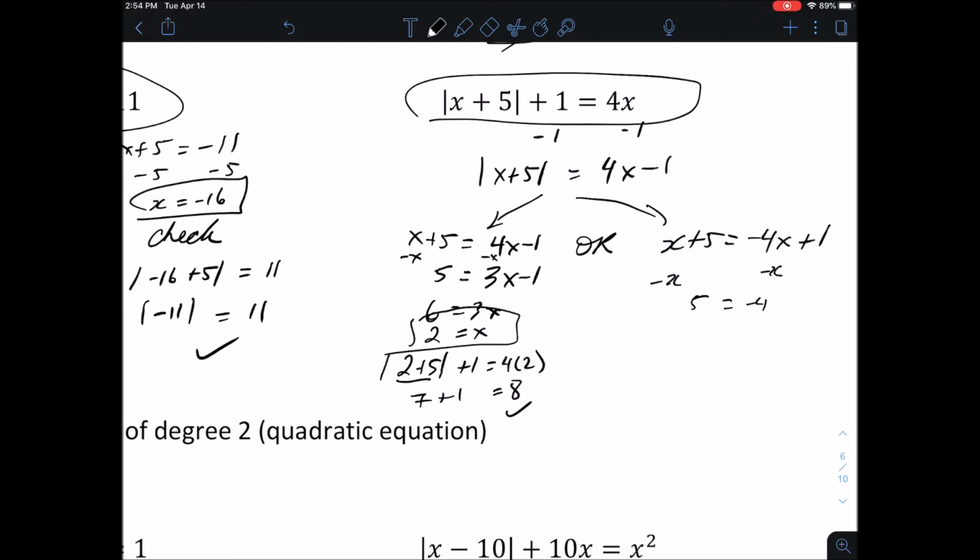And now I'm looking over here. And I subtract 1. So negative 4/5, or maybe you got negative 0.8, means the same thing. And we'll check this one.